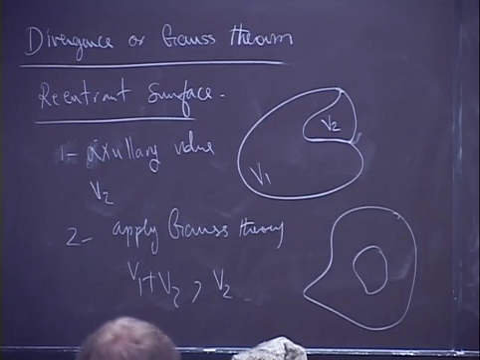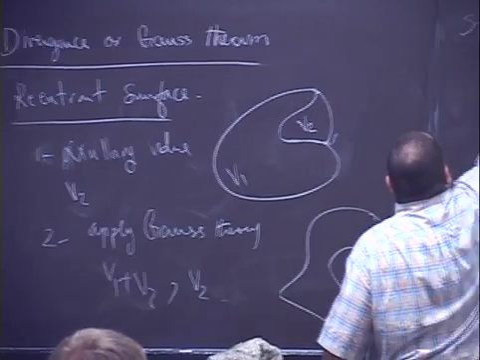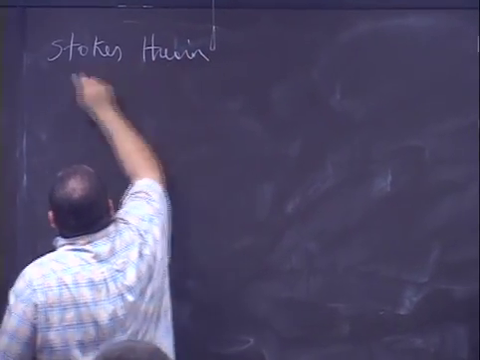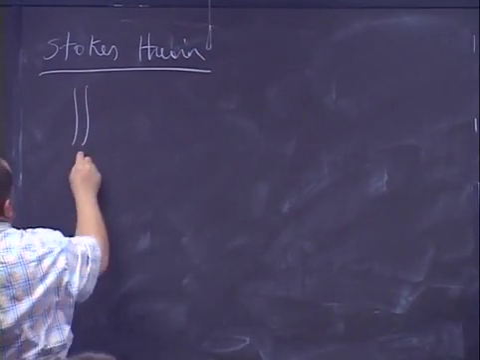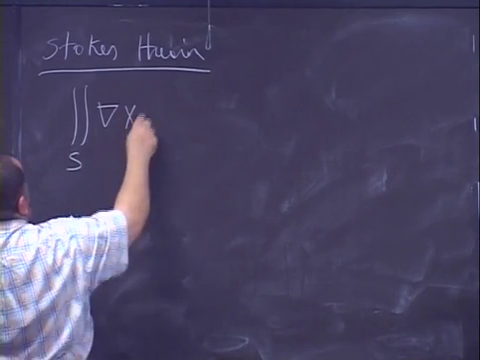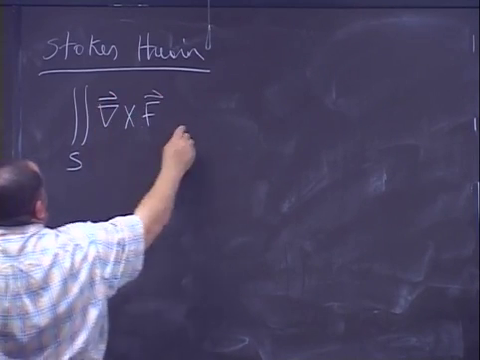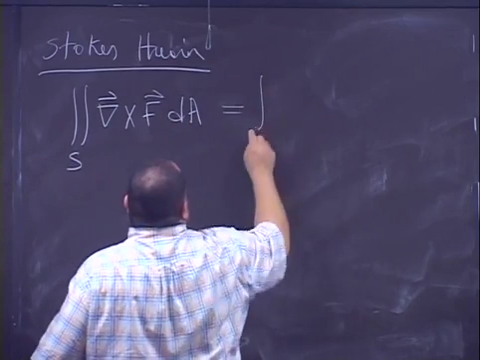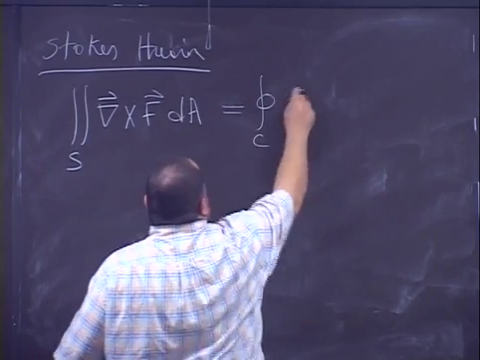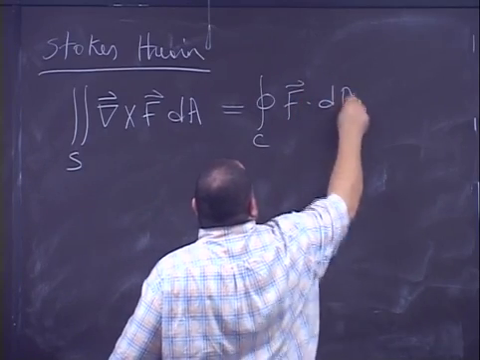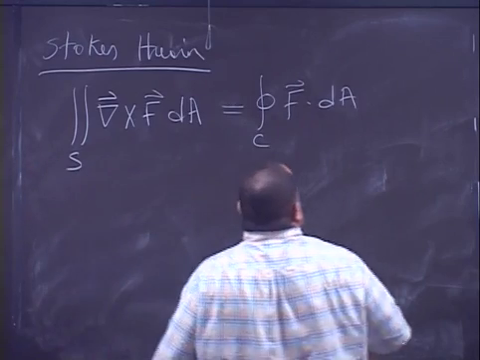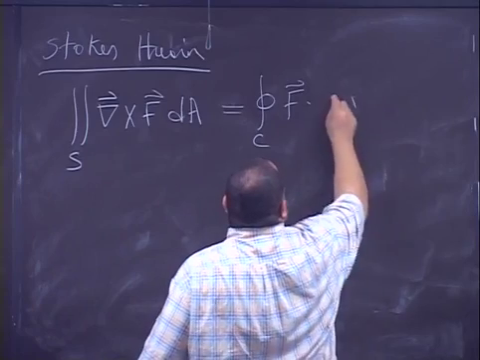So Stokes theorem transforms a surface integral of the curl of the function f evaluated over an area A to a line integral over the contour for the same function f, dA. F dot, or sorry, not dA, f dot dr.